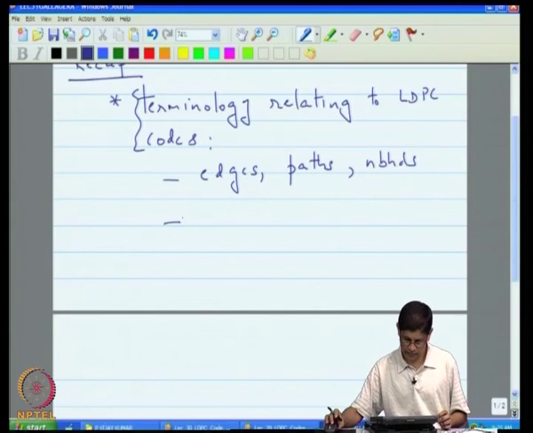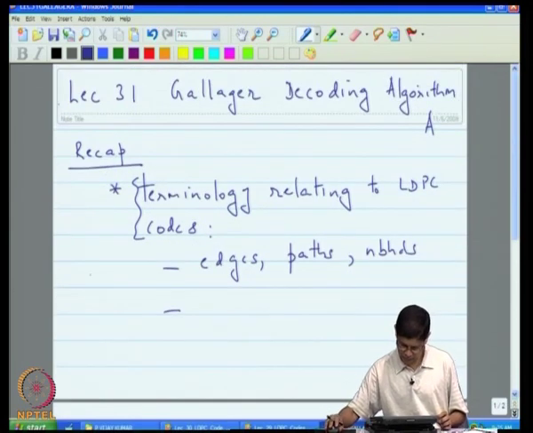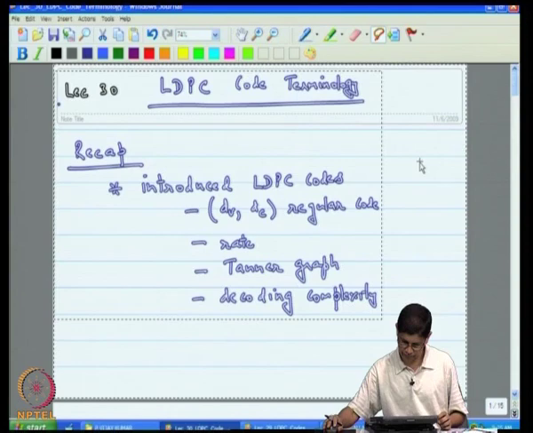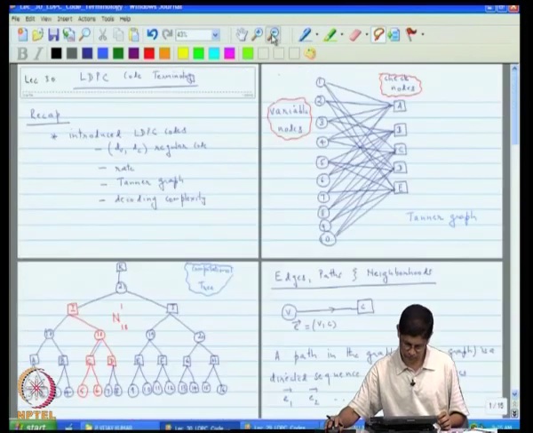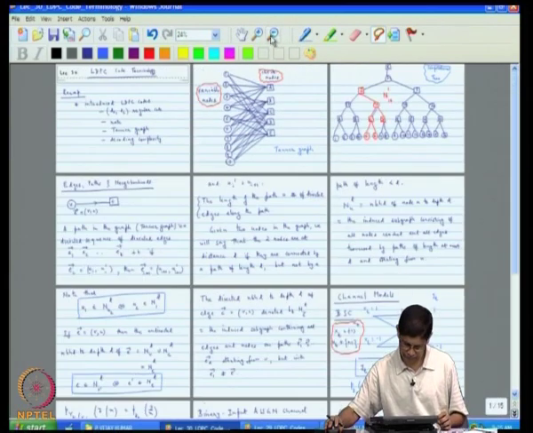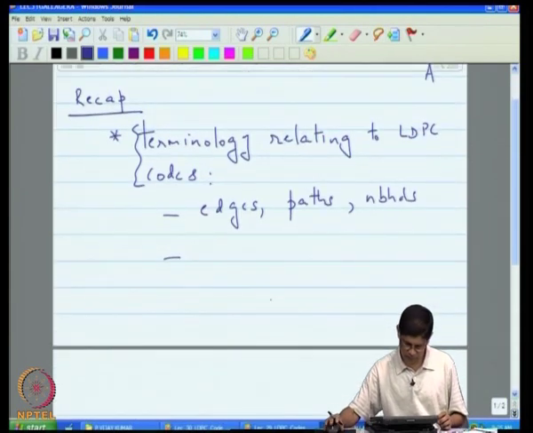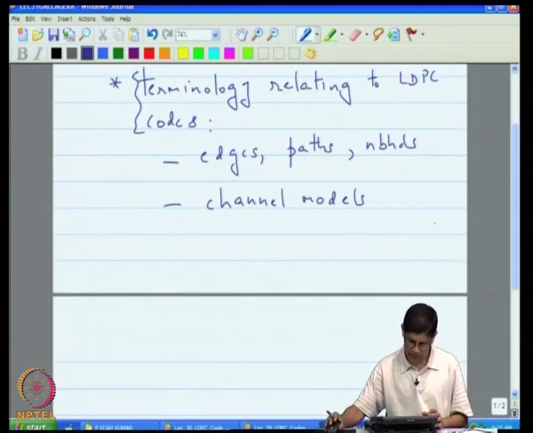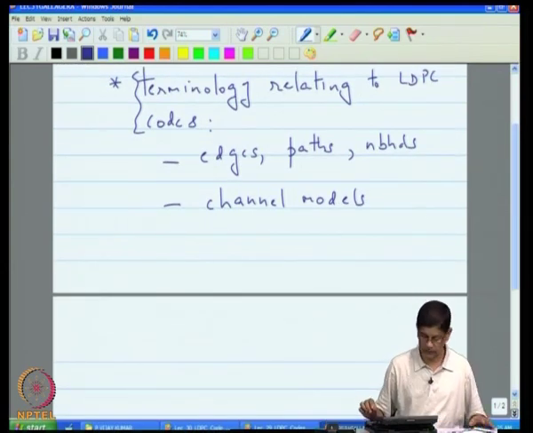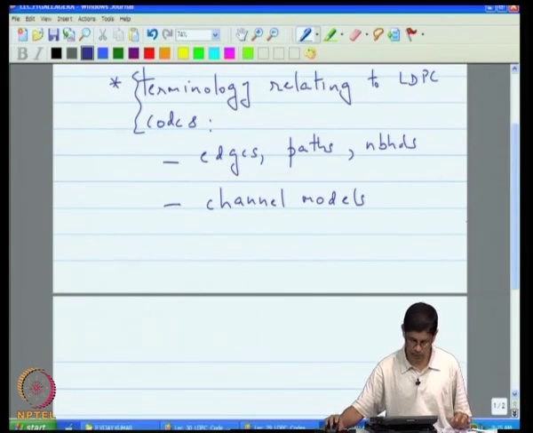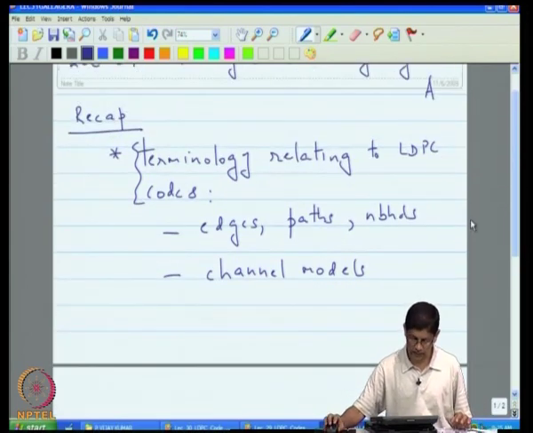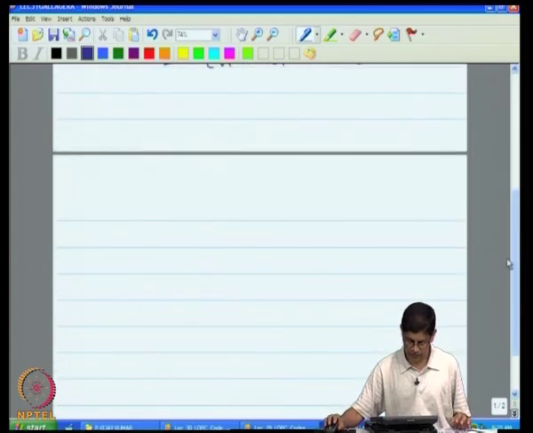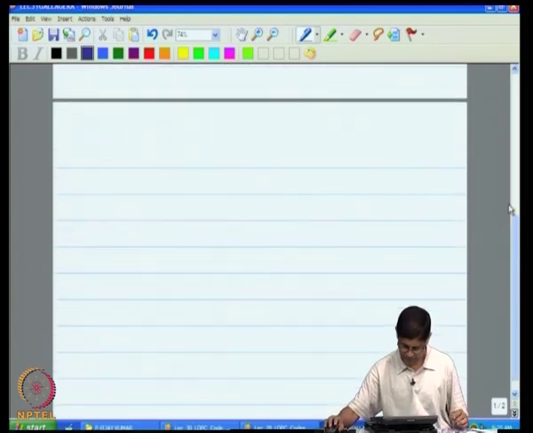And then we also talked about channel models. And I introduced the channel symmetry condition. And towards the end we were going to talk about the channel output and input alphabet.